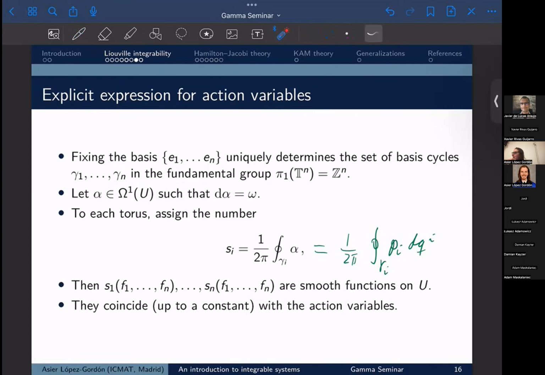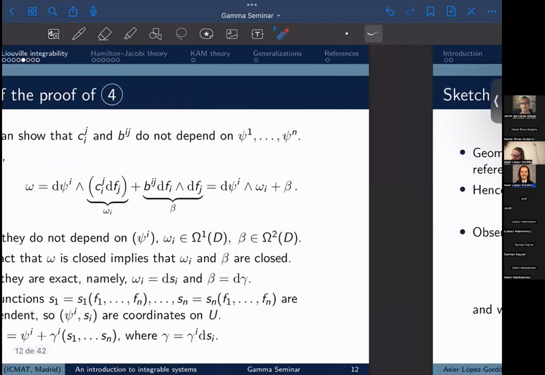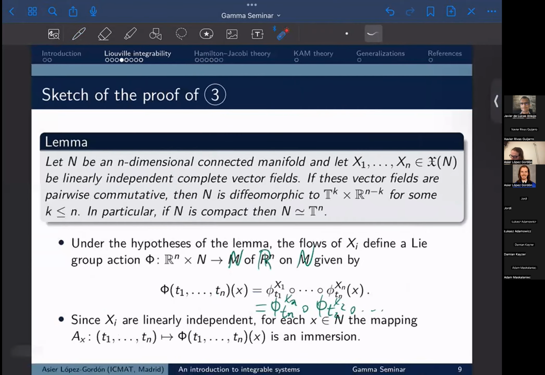The result is essentially the same in the non-compact case, only that instead of angular coordinates on the torus, you also have coordinates on R^n, like using this lemma I presented before. Instead of the torus, you have torus times R^n. The thing is that topological properties that are automatically satisfied for compact manifolds, you have to impose in the non-compact case, and things get more involved.